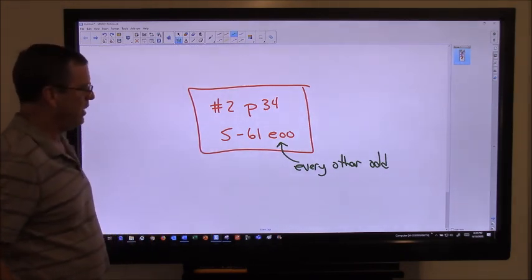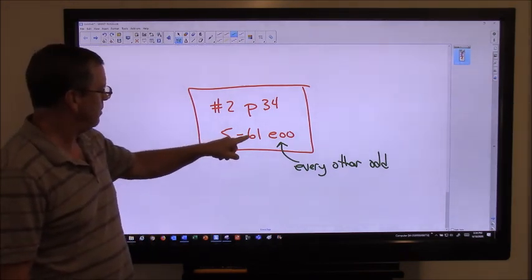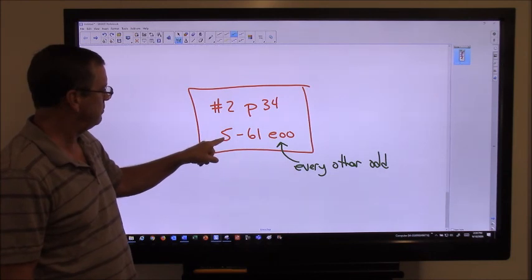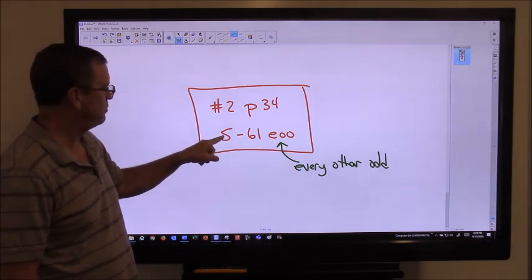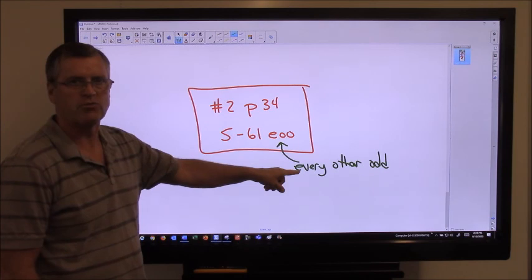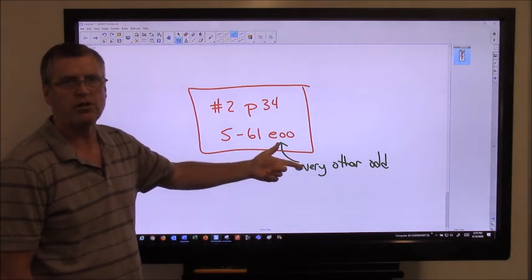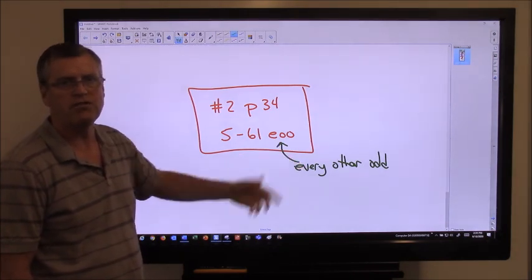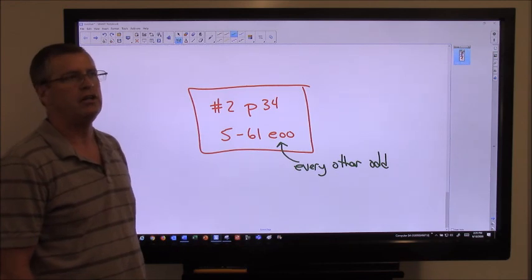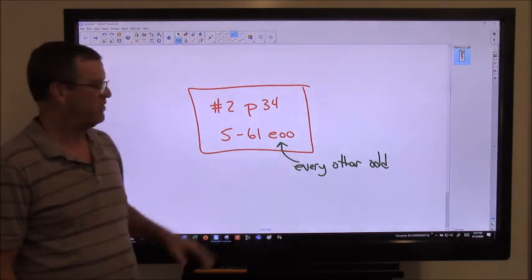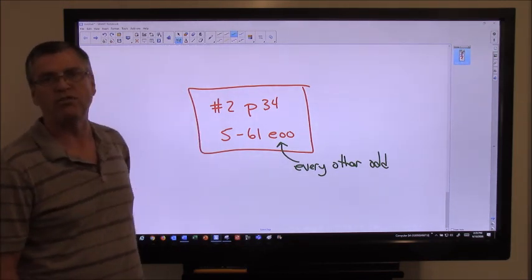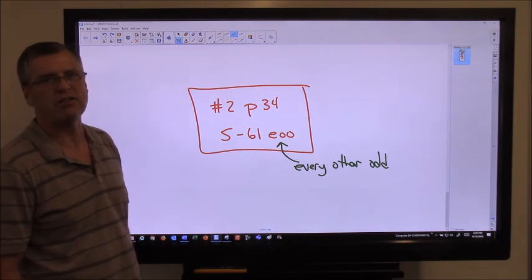And so if you want to know how big this assignment is, just do 61 minus 5, 56, and then divide it by 4, because if we're doing every other odd, we're doing every fourth problem. So 56 divided by 4 is about 16. 16 problems of something that we've done before. So that's not a bad assignment.